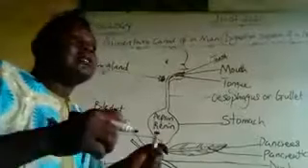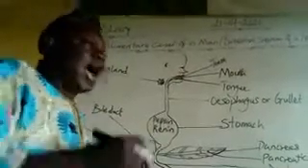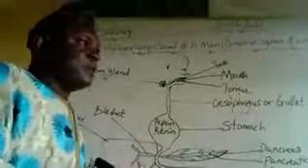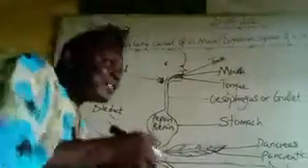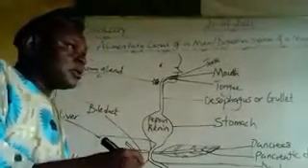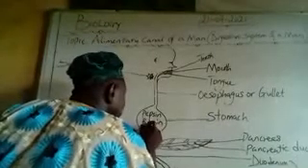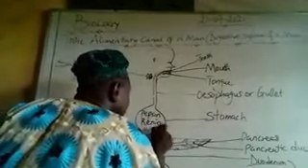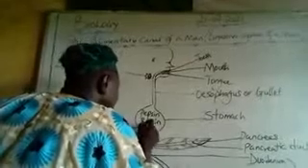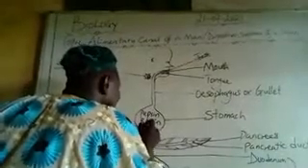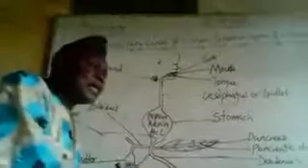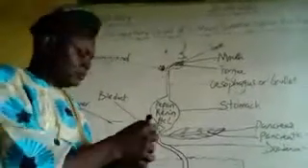In the same stomach, there is an acid called HCl, hydrochloric acid, being secreted by the gastric gland. This hydrochloric acid helps in killing the bacteria in the stomach.